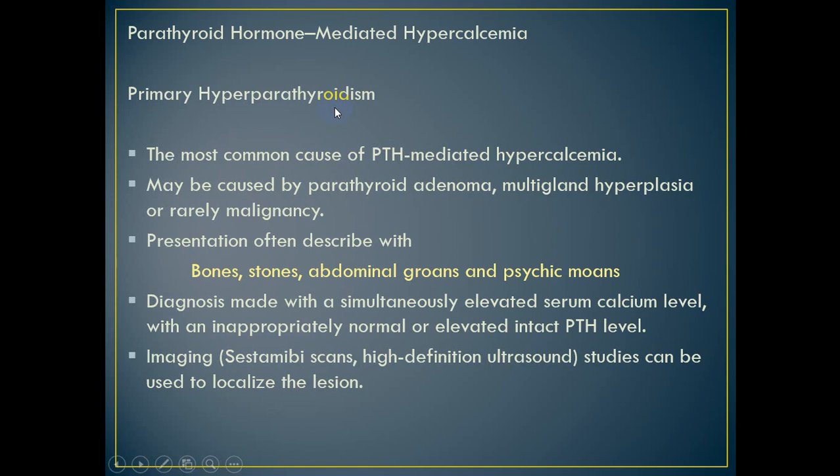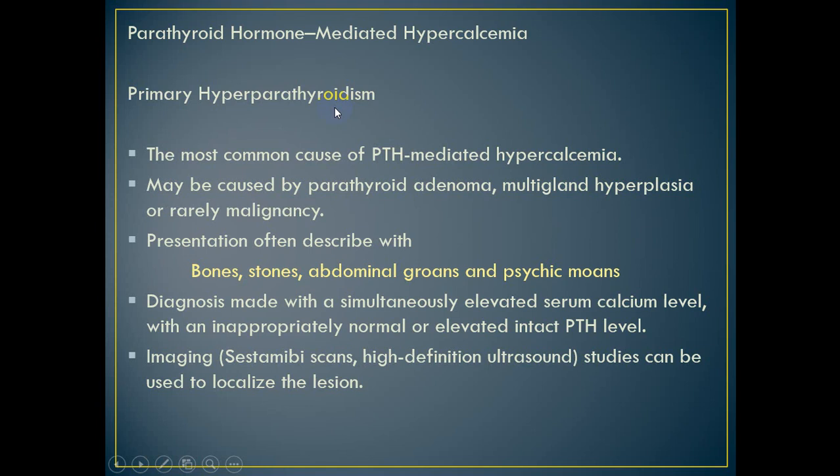Stones mean kidney: patients will present with polyuria, nocturia, polydipsia, frequent stone formation, and sometimes renal impairment. Abdomen: patients present with nausea, anorexia, dyspepsia, constipation, plus or minus abdominal pain from either peptic ulcer or pancreatitis. And psychic manifestation, with depression, is the most common sign.